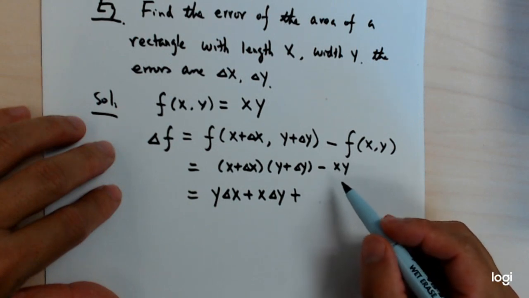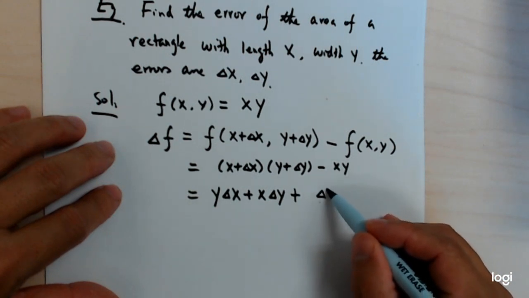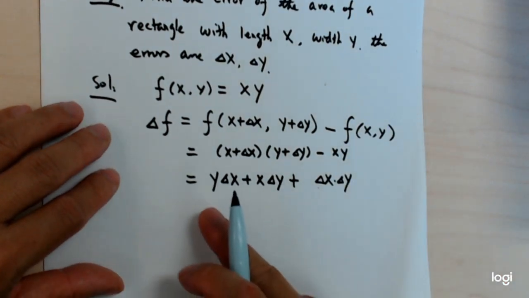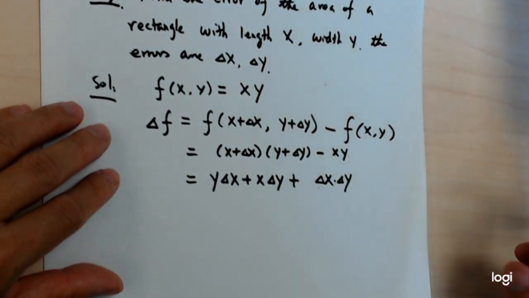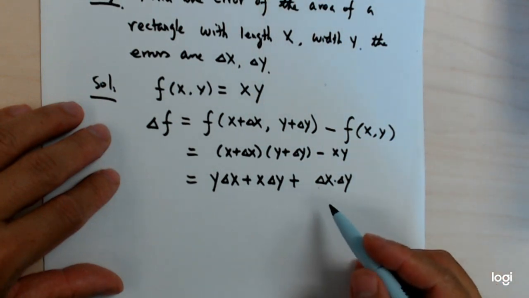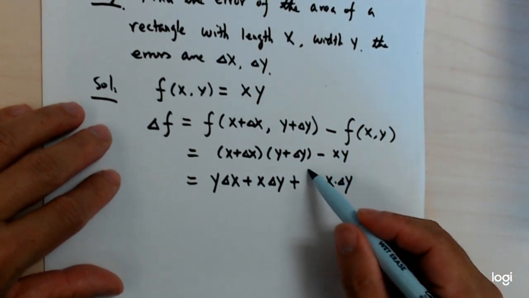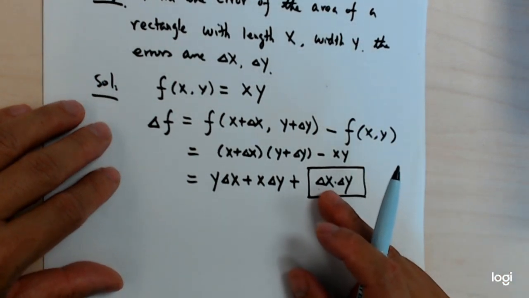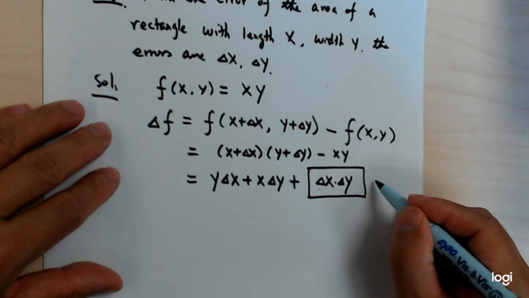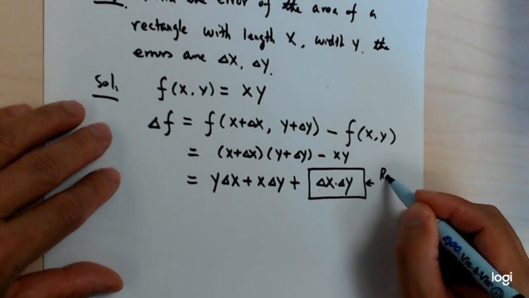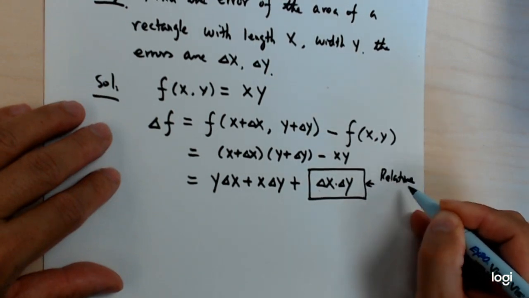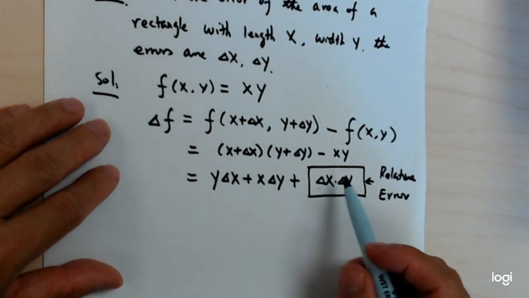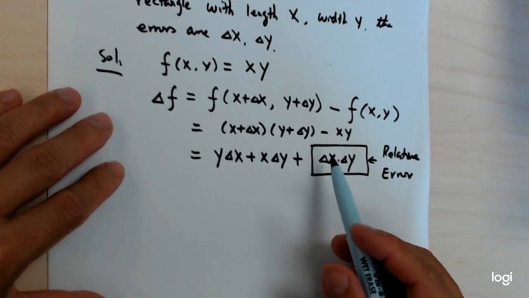And then you have this delta x times delta y. So this is the actual error. And this piece here is called the relative error. This one right here, which appears to be a higher order term, delta x times delta y, is what we call a relative error. So this higher order term, it appears that we can ignore.